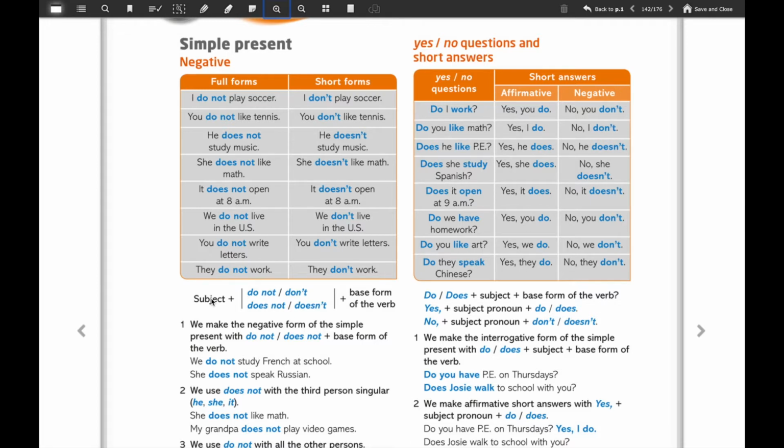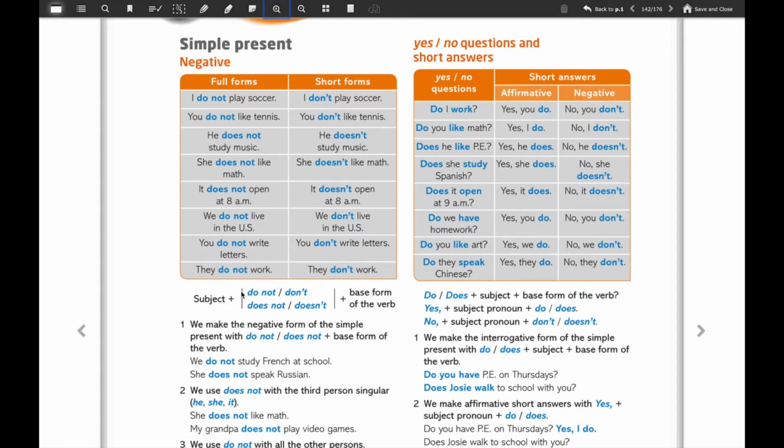Okay, let's see the example. So, a subject is all the words that you have at the beginning of the sentence, okay? Los subjects son pronombres personales en español y están al principio de toda oración. Es la persona a la que necesitamos, ¿ya? I, you, he, she, it, we, you, they are subjects, okay?